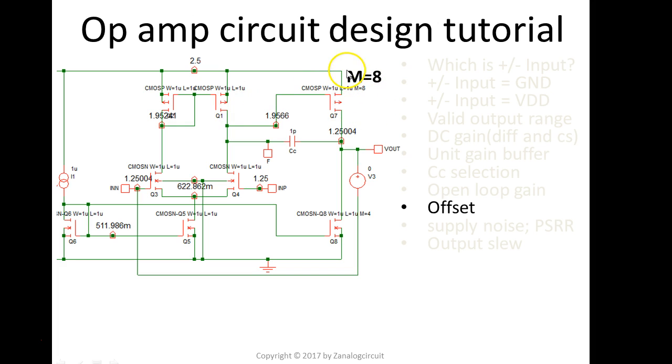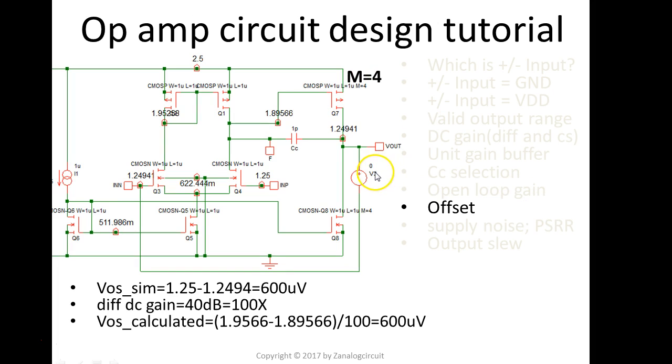So for this common source stage, 4x current on top, 4x current at the bottom, no problem. There should not be any systematic offset. That's the reason you see the plus and the minus side of the inputs so close.